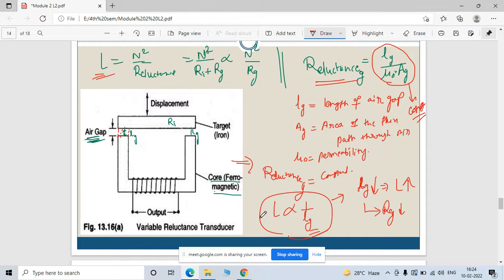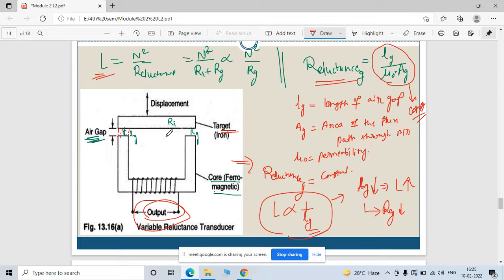So by this means you can make an arrangement to get the output, because your inductance value is changing. So what is the total displacement of your targeted part? So you can calculate that displacement because of this arrangement you made earlier for measuring some particular range of displacement.